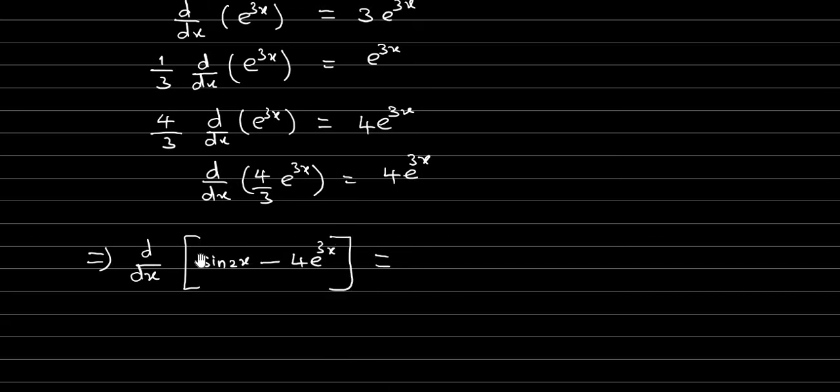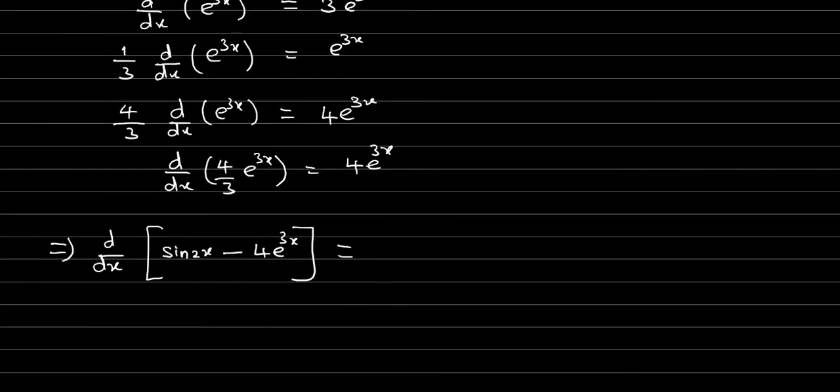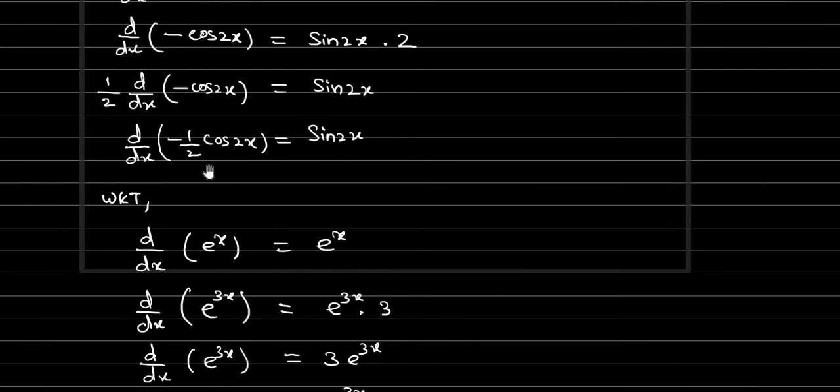Sine 2x antiderivative is what? First term antiderivative is minus 1 by 2 cos 2x. Sorry, actually this one antiderivative only we need to find out. So what is the given question? Sine 2x minus 4 e power 3x. Okay, sine 2x antiderivative is what? Here it is.